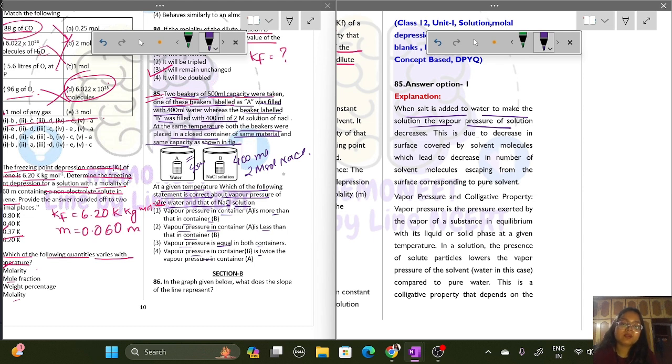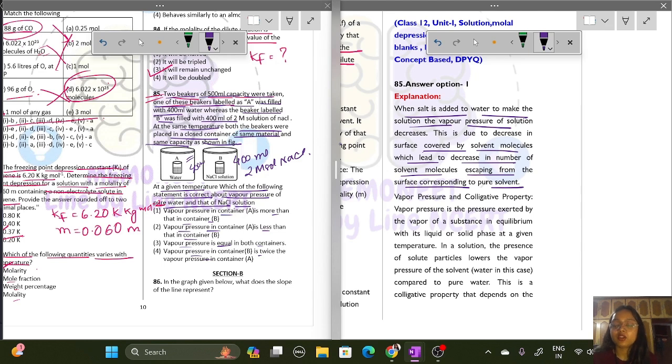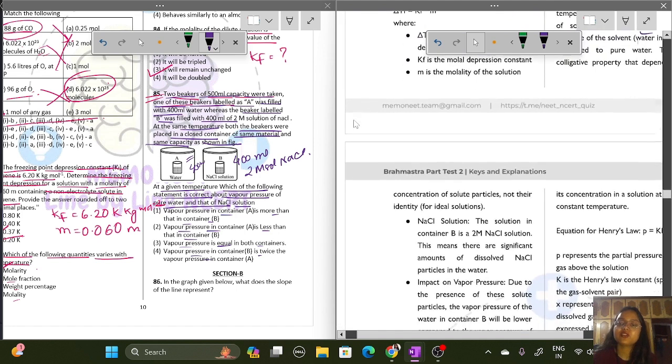When NaCl is added, the surface covered by the solute particles decreases the number of solvent molecules escaping from the surface compared to the pure solvent. Vapor pressure and colligative properties definitions are given; you can refer to them.